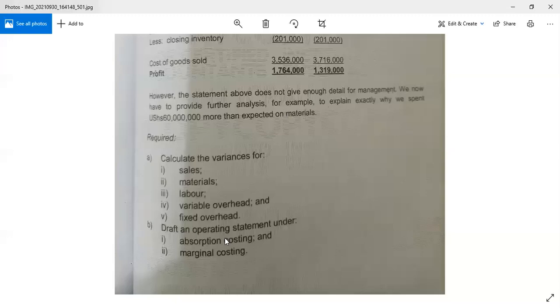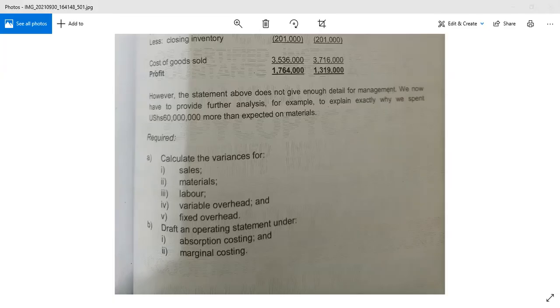Okay, so that is when these other variances come in: the sales variance, the materials variance, the labor variance, the variable overhead variance, the fixed overhead variance, and so on. So from the information that we just had, we've been looking at each of the respective variances.